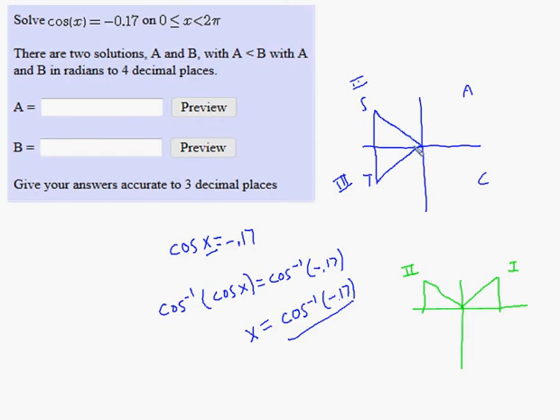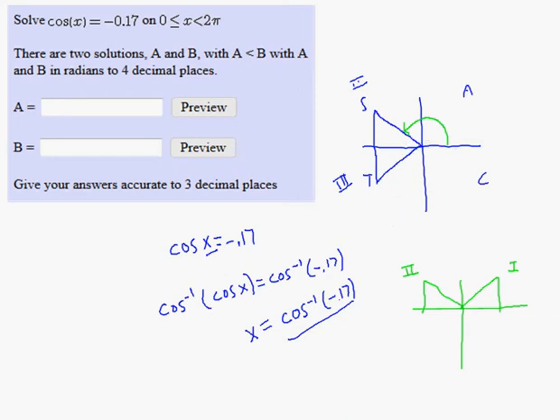So in general, whenever taking the inverse cosine function, you're always going to get an answer either in quadrant 1 or quadrant 2. But given that I'm taking the inverse cosine of a negative, I want the cosine to come out to be negative, I know that happens in quadrant 2, not quadrant 1. So I'm expecting the calculator to give me a result bigger than 90 degrees but less than 180.